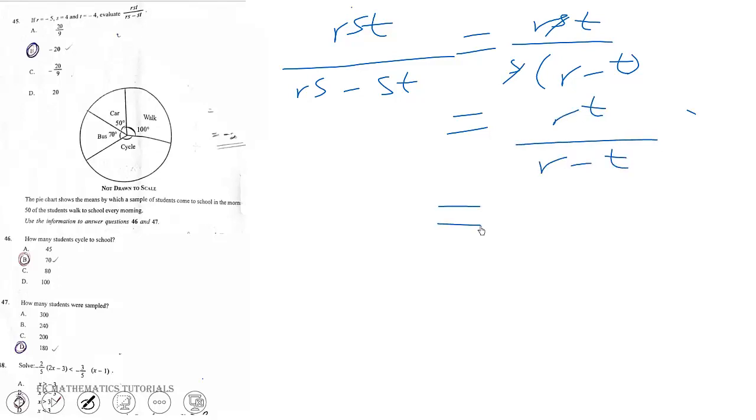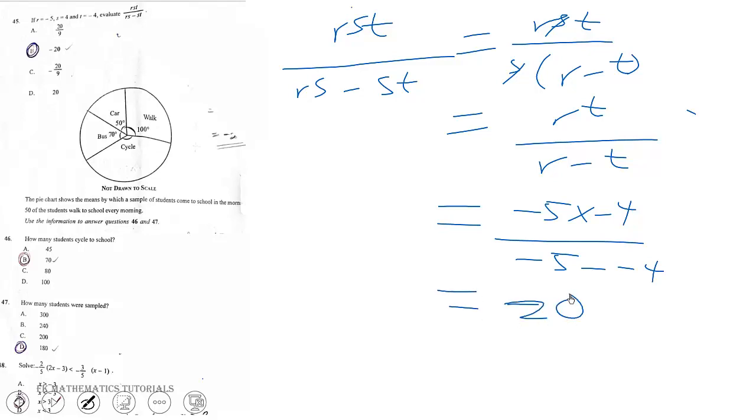So what is r? The r is -5. What is t? -4 over r, which is -5, minus t. So minus t is -4. So that will give us 20 over -1, which is -20. The correct answer is B.